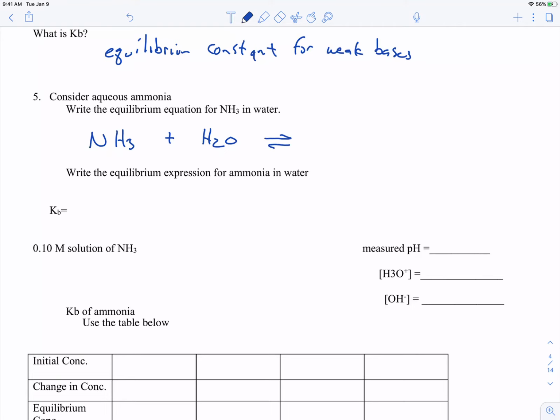However, some of them ionize, they react with the water, they take a hydrogen from the water, forming hydroxide and ammonium. A lot of students forget the names of these ions. That's ammonium, and this is ammonia.